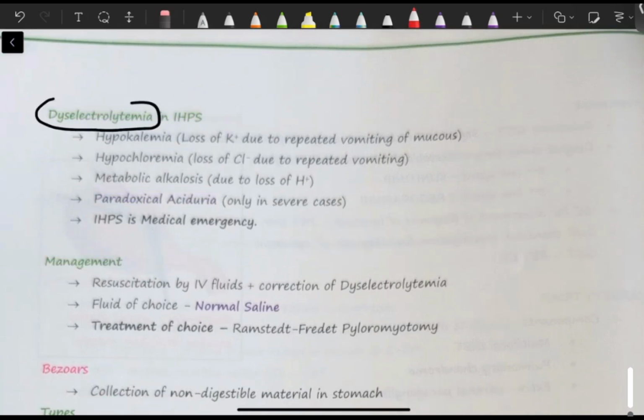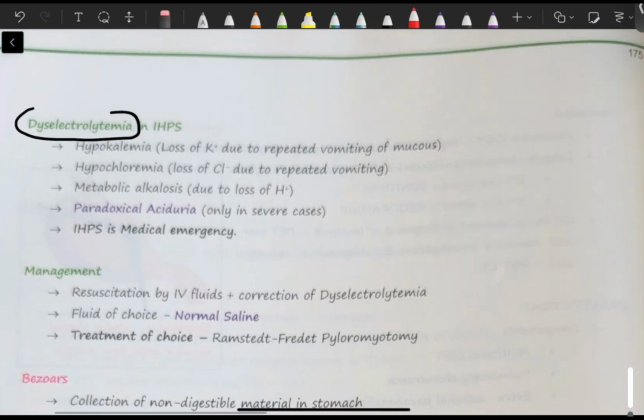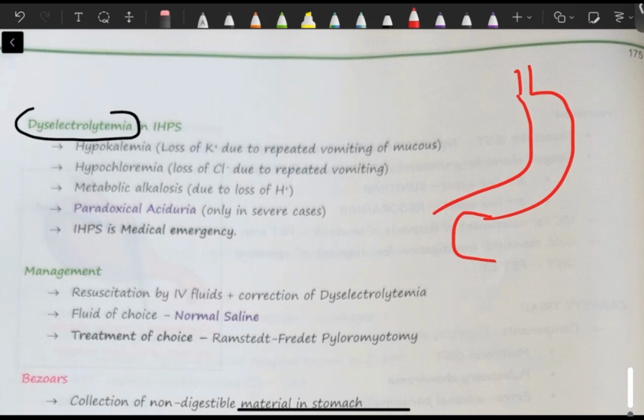Why does this dyselectrolytemia happen in infantile hypertrophic pyloric stenosis? See, it is in the stomach, and there is repeated vomiting. In the stomach there is hydrochloric acid, and this will also be lost through vomiting.